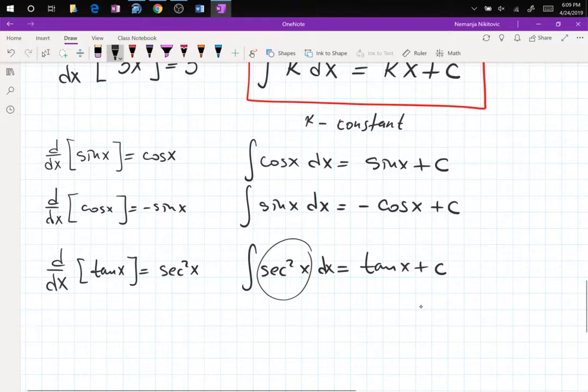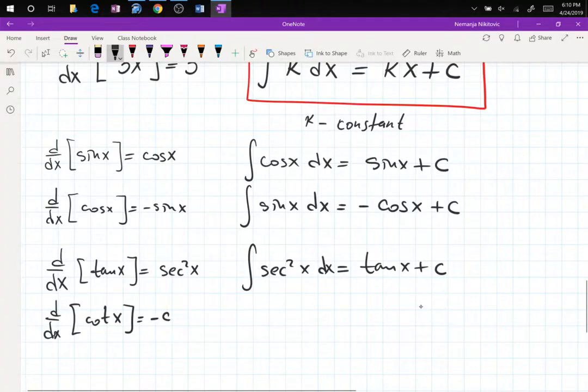What's your basic function for integration? It's secant squared, not secant, right? So of all these guys that are called basics, only sine and cosine are the ones that are truly basic. The other four, they're all going to be these guys. Here it is. The derivative of cotangent x is negative cosecant squared x, which is the integral of cosecant squared x dx to give you negative cotangent x plus c.